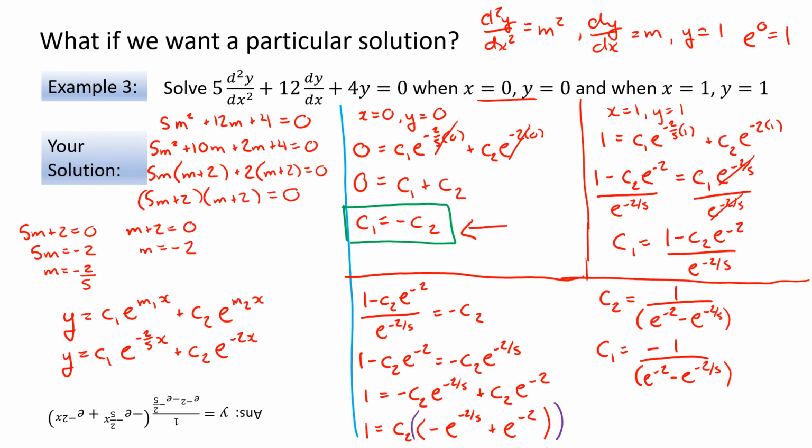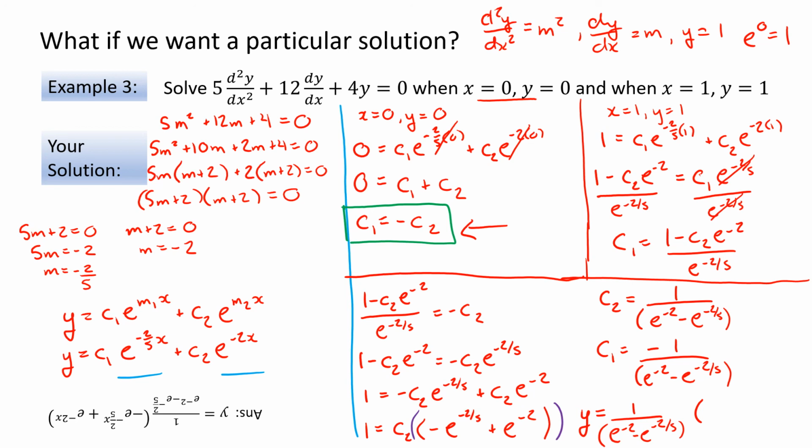So if you substitute these in, you end up with y is equal to, you can see that the constants are the same value. There's just a negative that's different. So you can actually factor out that whole piece to make this a little simpler. So you get 1 divided by e to the negative 2 minus e to the negative 2 over 5. And that's multiplied by what we have left going back to our original equation here.